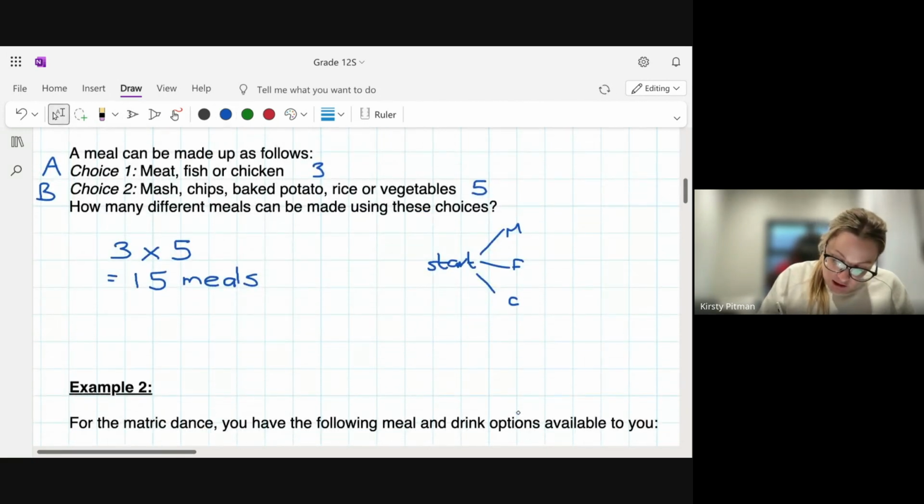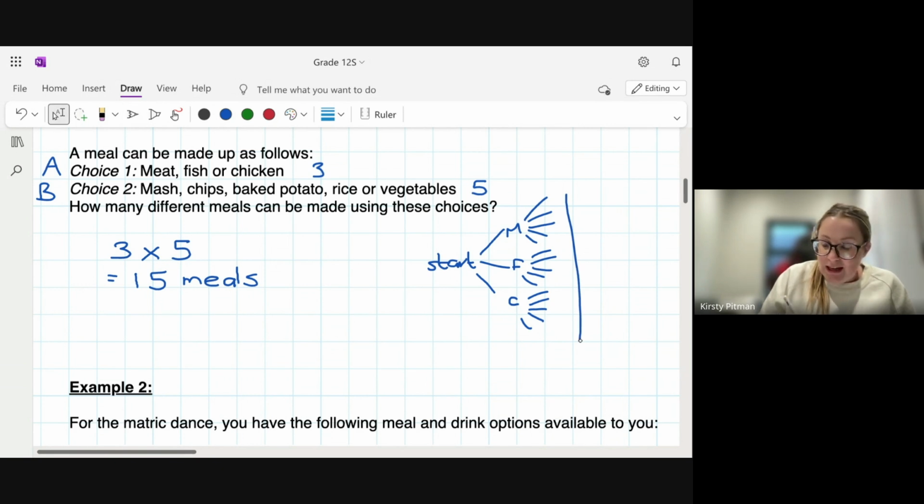Off of each of these, you'd have 5 options. And altogether, what would you find? You would have 15 altogether. Exactly the same principle, except now we're using a formula to calculate it, which is so much quicker and so much easier.